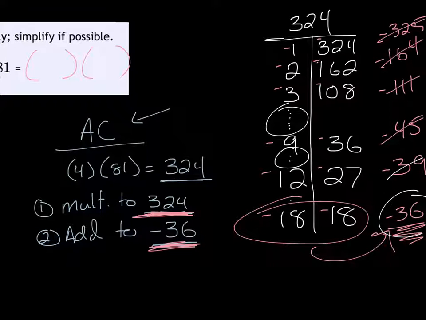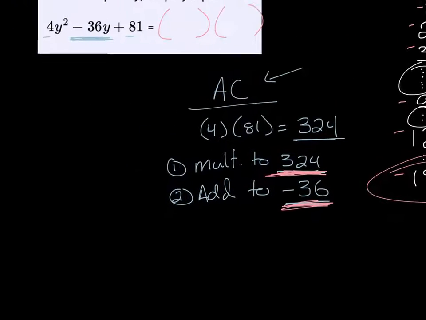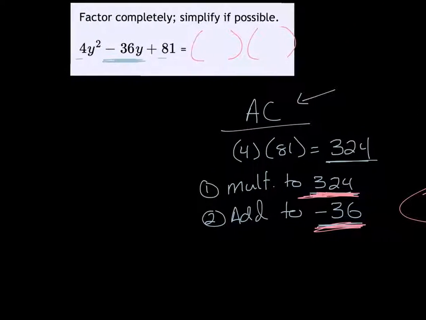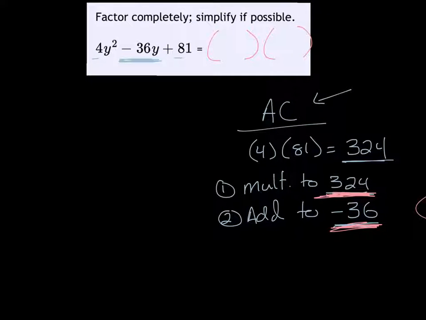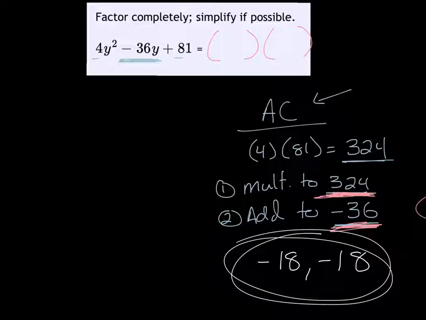So what do I have here? In the AC method, I'm looking for two numbers that multiply to 324 and add to negative 36. I found those two numbers: negative 18 and negative 18. What do I do with those?